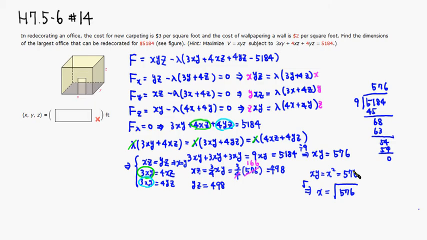And what kind of number is that? Let's see, it's something squared. 576 is an even number, divide by 2, so 288, then 144.